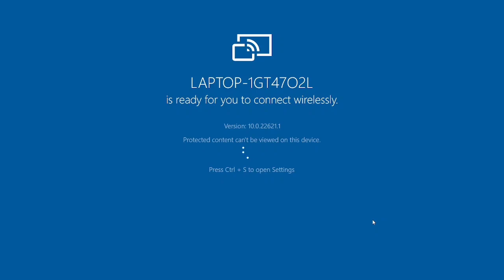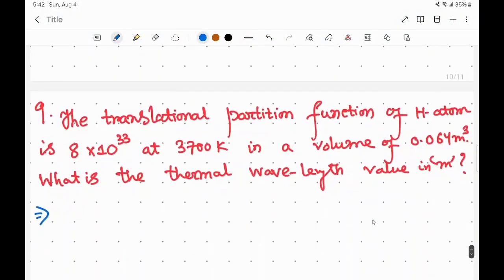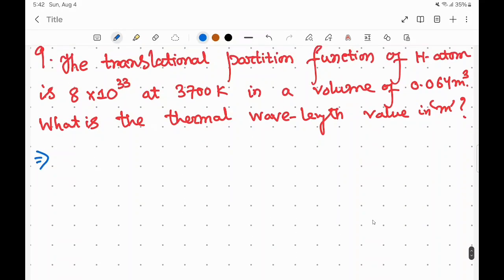Okay, so what will be the value? I am calculating it. Okay, let me also do it. You can check.